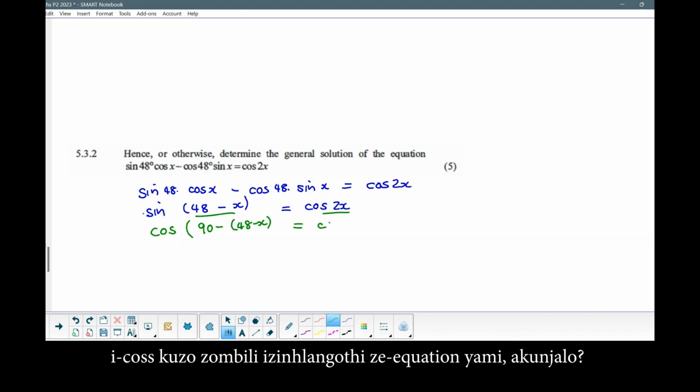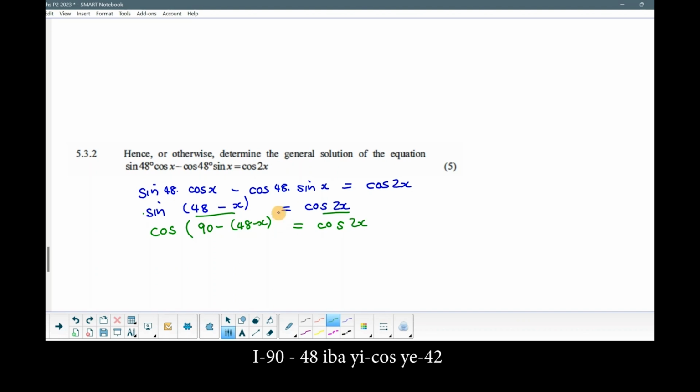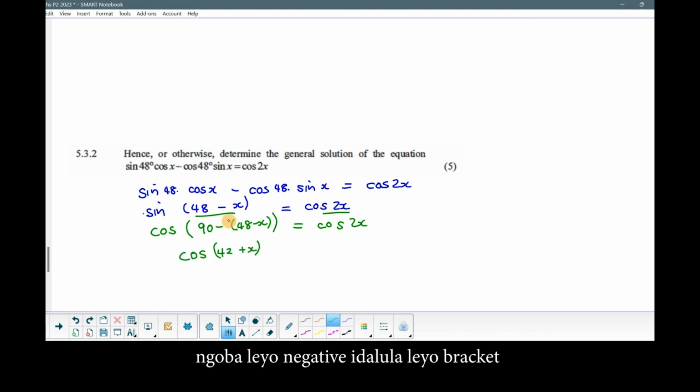And now I've got coses on both sides of my equation. Right, 90 minus 48 becomes cos of 42 plus x, because that negative distributes into that bracket.